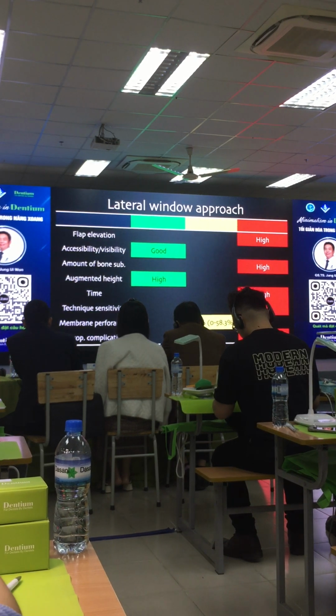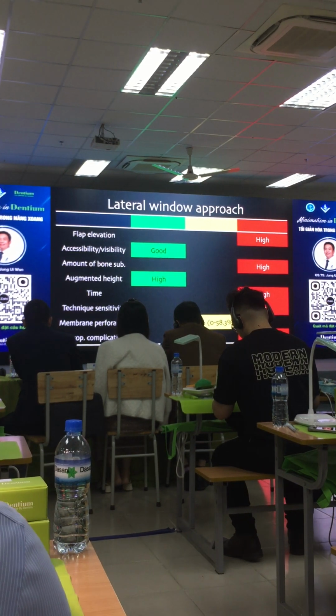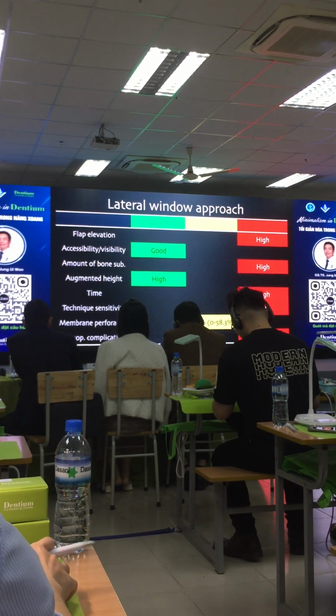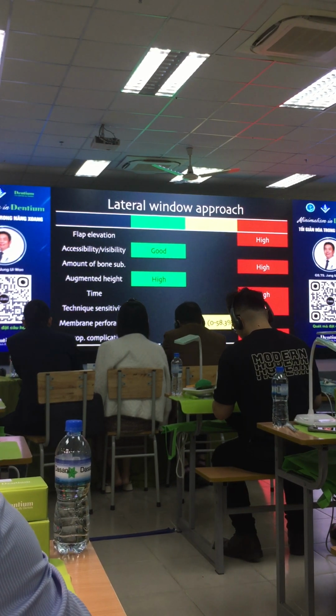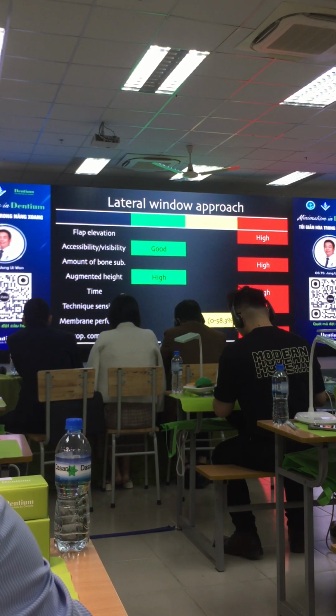First, we will review the pros and cons of the lateral window approach. This procedure is advantageous in accessibility of instruments and visibility. And you can augment the bone height as much as desired.